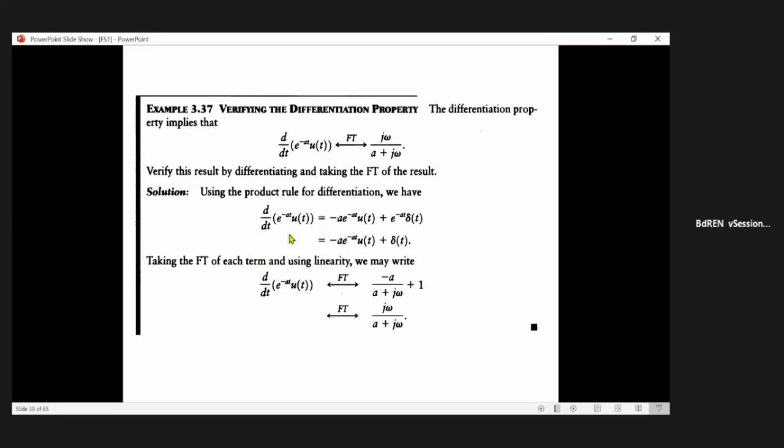You know that this signal, it is a very simple thing, this signal e to the power minus at u(t) contains a function u(t). If we differentiate it by parts, you will see that the first term will be equal to u(t) into the differentiation of e to the power minus at, and the second term will be equal to this.